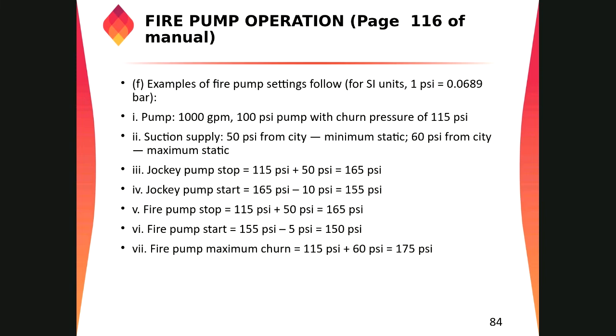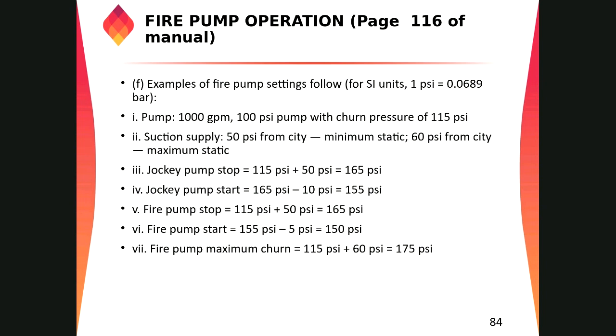And now we have to size at what pressure the jockey pump will stop, right? So the jockey pump will stop at 165 psi, which is the churn pressure of the main pump, 115 psi, plus 50 psi. So if the pressure goes to 165 psi, the jockey pump will stop immediately.